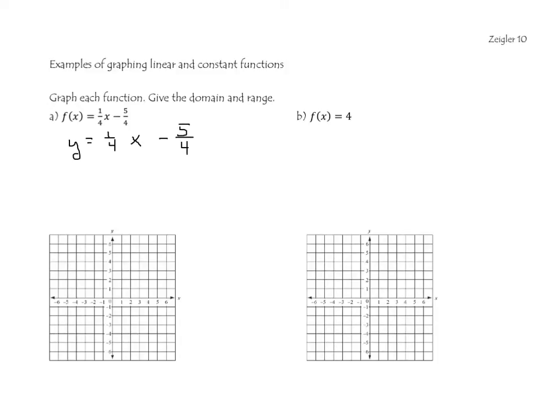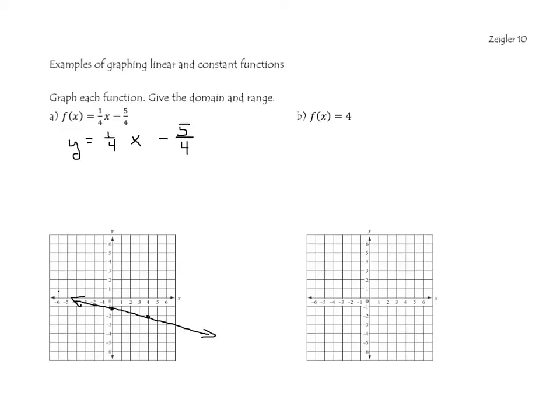And then you find the point negative 5/4, which we don't usually deal with fourths and you won't have to, but there's approximately negative 5/4, and you go up 1 and over to the right 4 for your next point, and then you draw, except it should be negative 1 and over, so it's really this point. And then you have 2 points and you can draw a line.